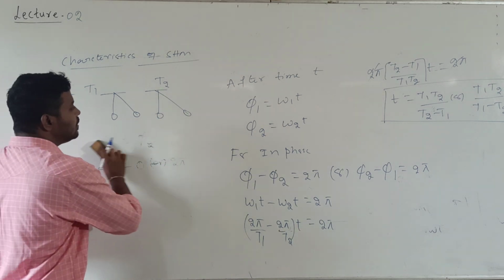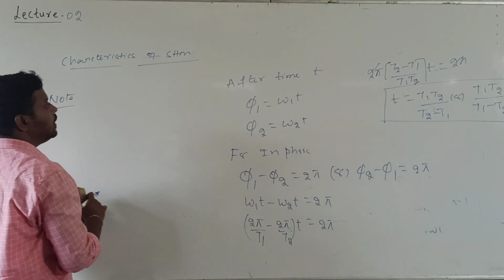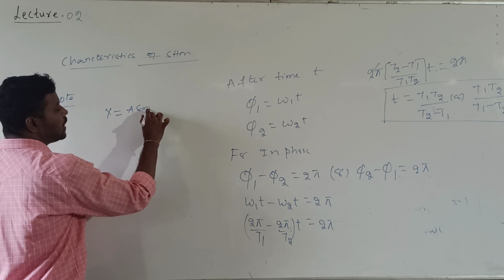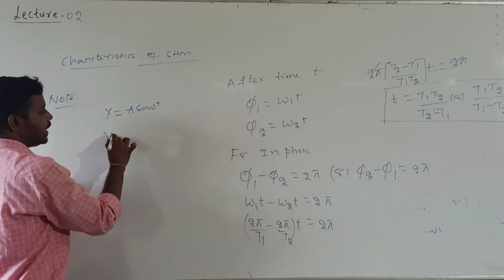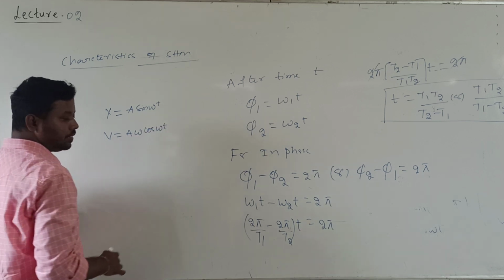And one more point is, what is the phase difference between velocity, displacement and acceleration? What is displacement? y is equal to a sin omega t. What is velocity? v is equal to a omega into cos omega t.